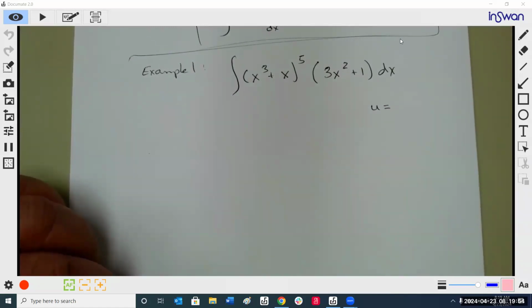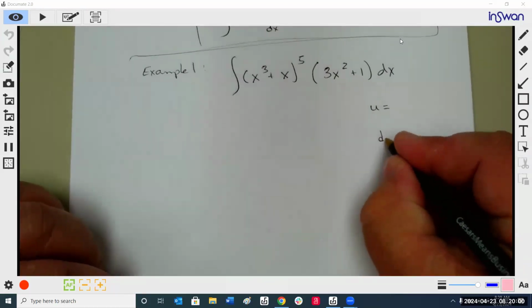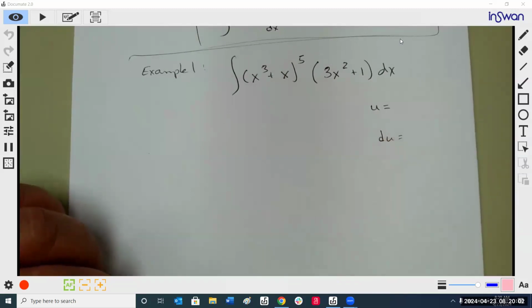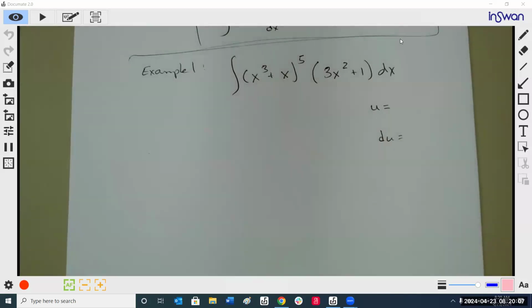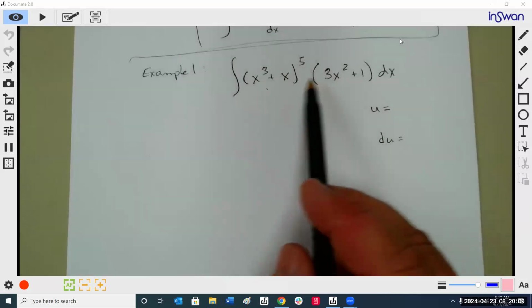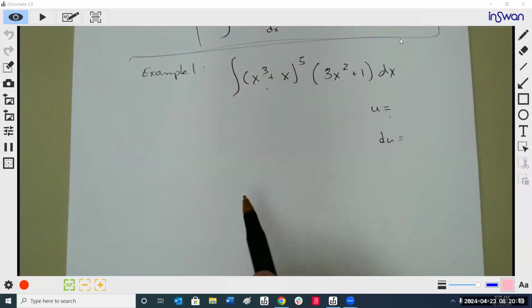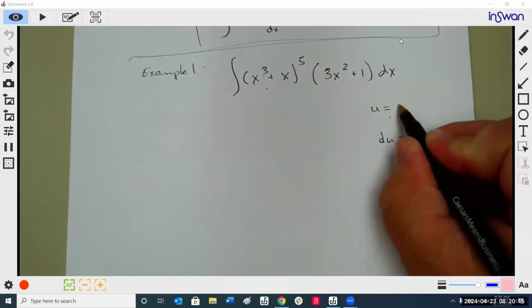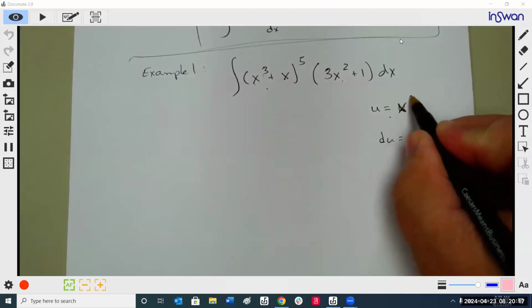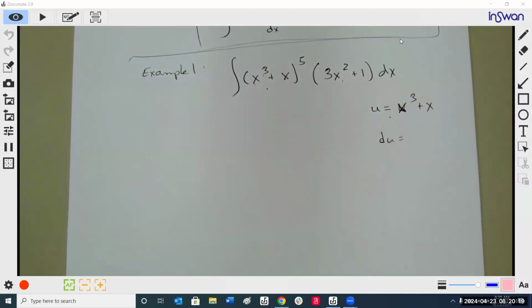The u has to be inside the parentheses. It's usually safer because remember, you also have to find du. When you take the derivative, you always decrease by 1. So obviously, the one you look for the u part will be the higher exponent. So we're going to say that x cubed plus x is our u.